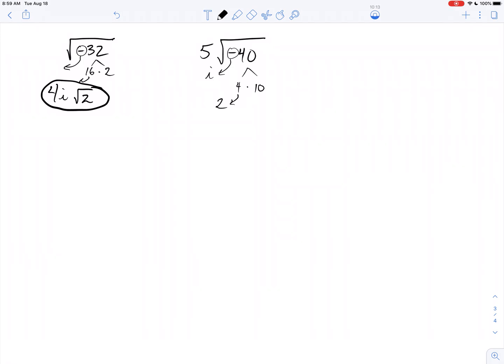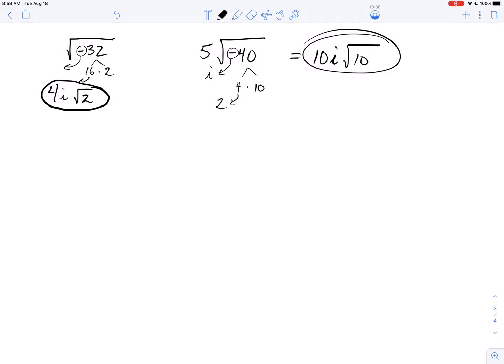So I go 2 times 5 times I is a fancy way to say 10i. What's left over on the inside? Rad 10. That is the simplified version of that number. So simplifying this, if you know how to simplify a radical, hey, that was in your summer packet. If you know how to simplify a radical, then you can simplify these numbers.